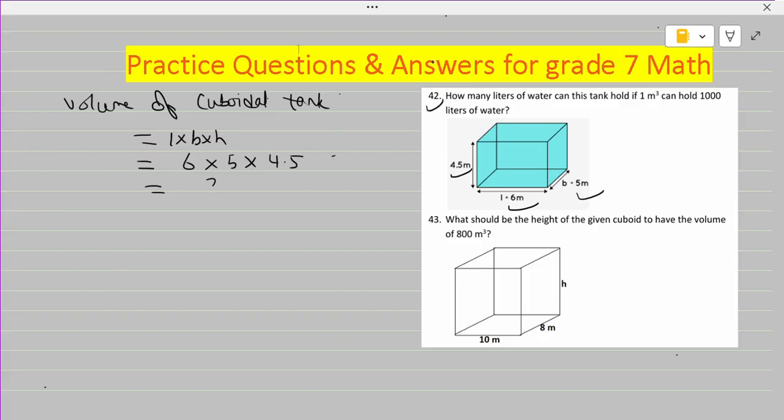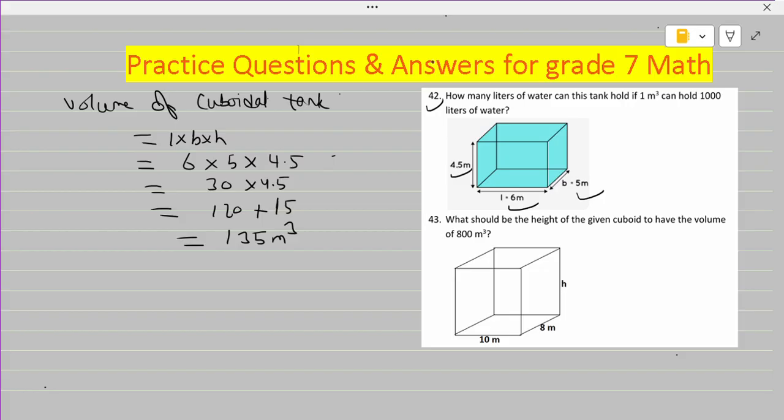So 6 into 5 is 30, and 30 into 4.5. How much are we going to get there? 30 into 4 is 120, and half of 30 is 15, so we get 135 meter cube. So the volume of the cuboidal tank is 135 meter cube.